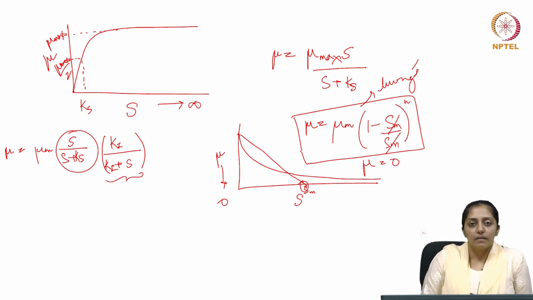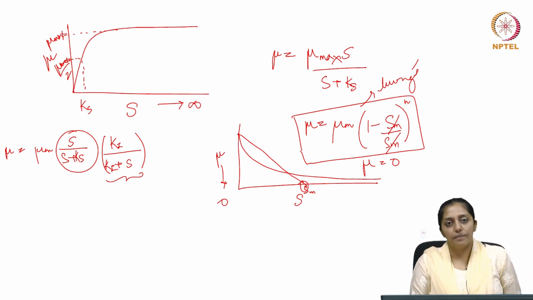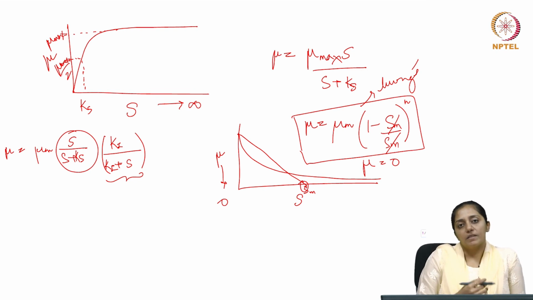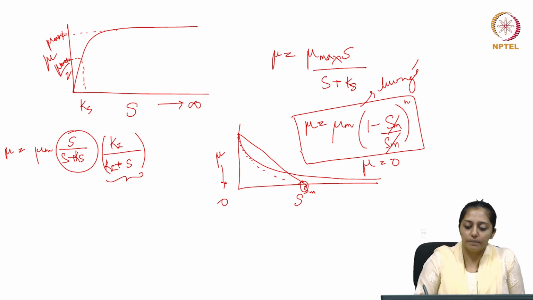But in case you observe in your system that in the mu versus S curve, the inhibitory substrate concentration is taking the form of an asymptote, like what I drew here, which means that as S tends to infinity, mu will tend to 0.